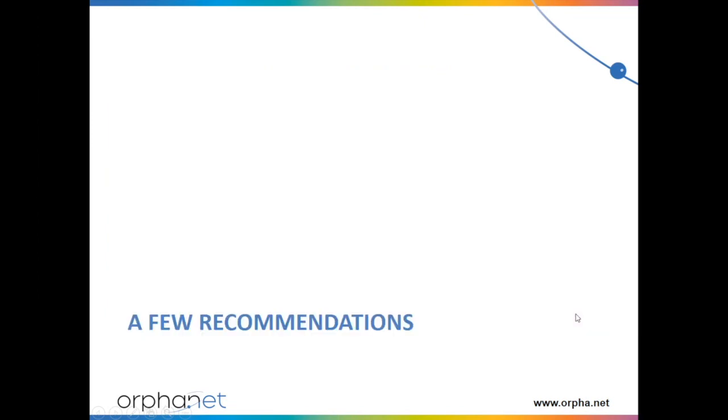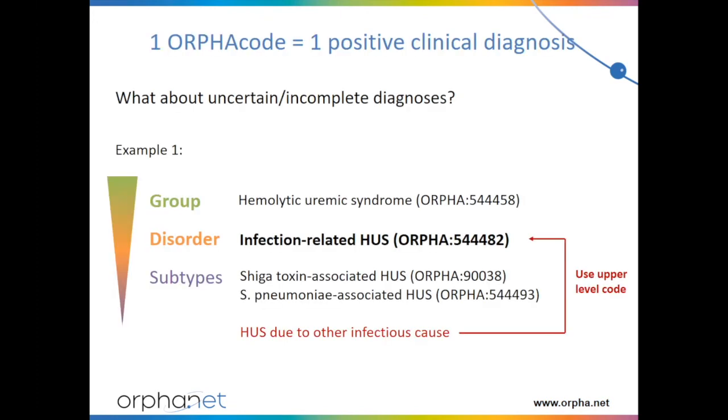A few things to keep in mind when searching for and selecting ORPHAcodes. The first one is that one ORPHAcode equals one positive diagnosis. For example, we have a disorder for infection-related hemolytic uremic syndrome, HUS, with two subtypes defined by the two known infectious agents and cause.